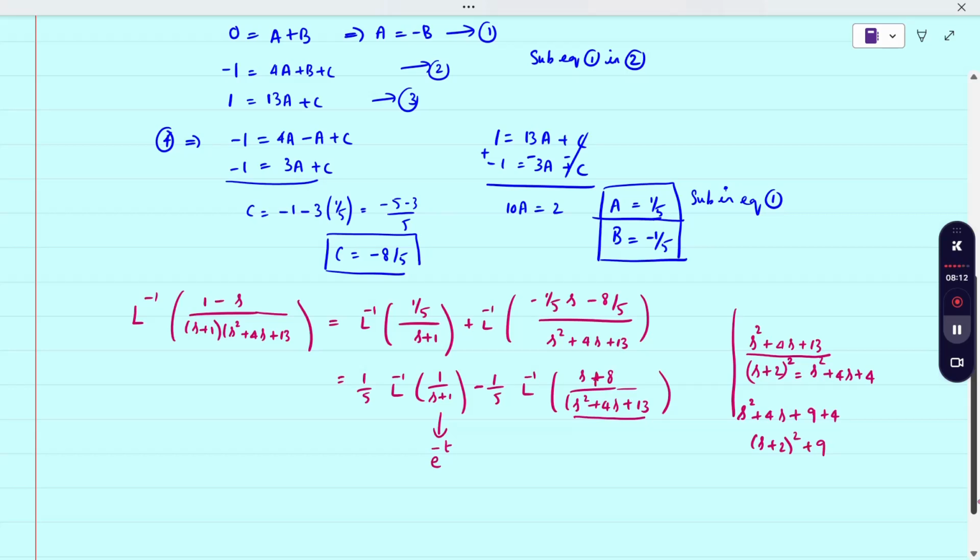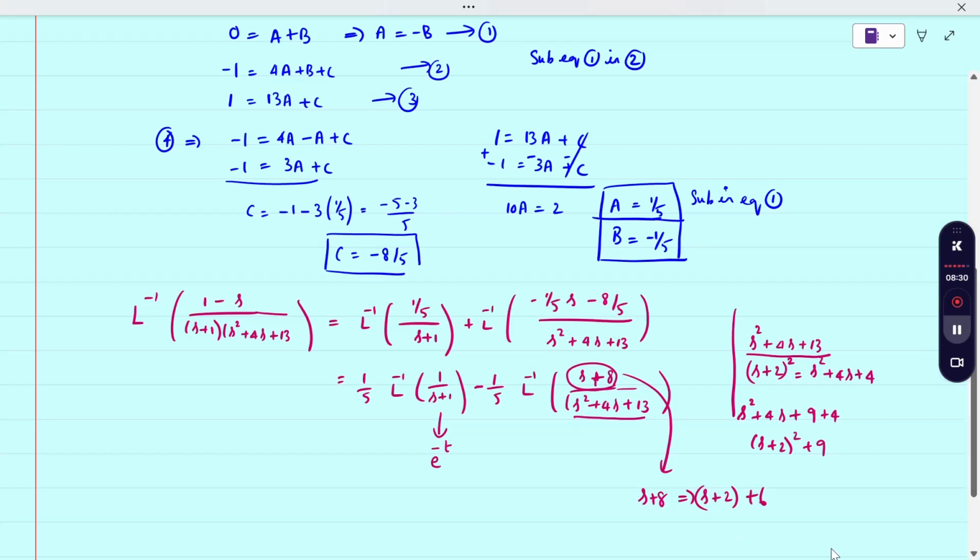For the numerator, I should have only s plus 2, but already I have s plus 8. I need only s plus 2 for shifting, so the remaining 6 I will write separately.